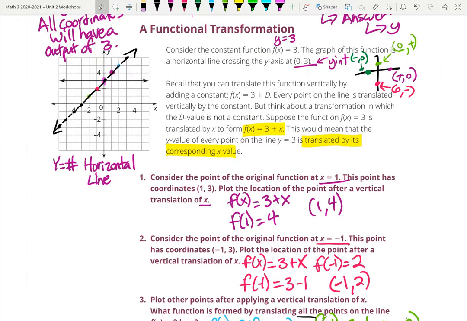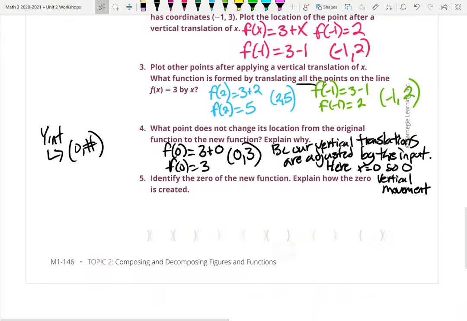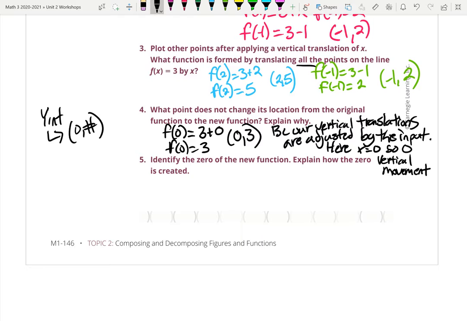The next question asks us, what's a 0? Well, 0 is an x-intercept. So 3 plus x, notice our function, f of x, is 3 plus x. If I want to think of it in slope-intercept form, y equals mx plus b, I could come to a bunch of conclusions and say m, the slope, is 1.